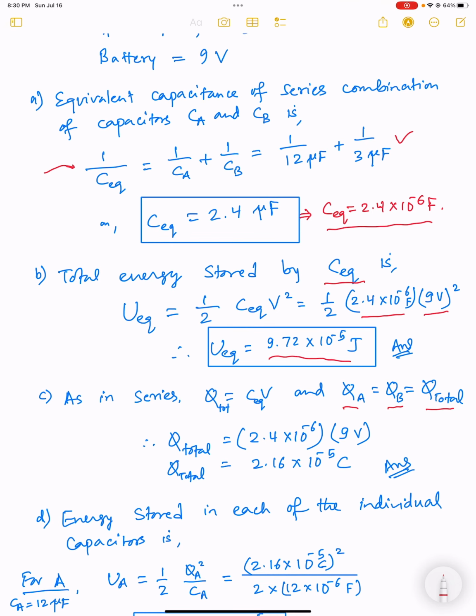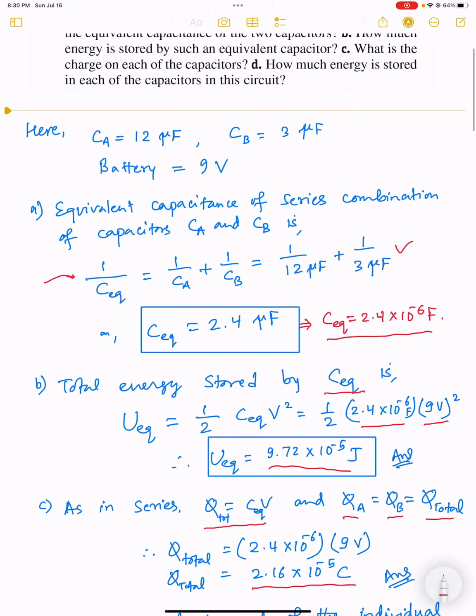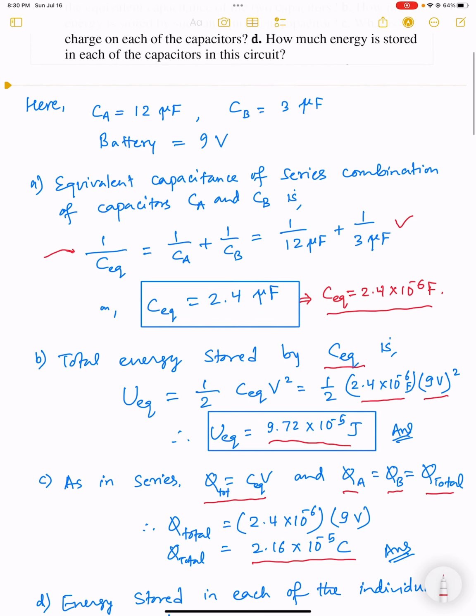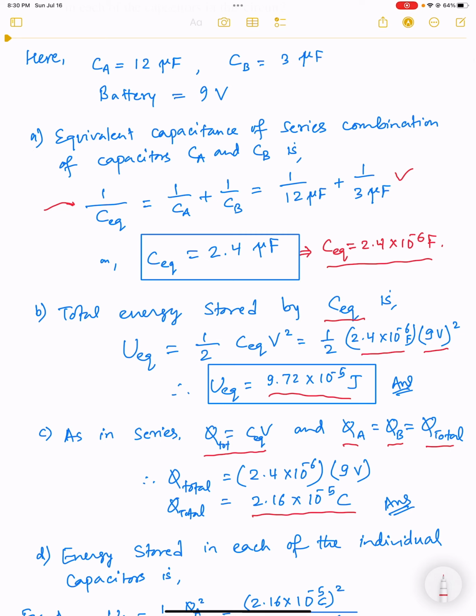So Q total equals C equivalent times V. So this will be 2.16 times 10 to the power minus 5 coulomb. This will be the total charge on each of the capacitors, which will be equal. So this will be the same for QA, and also the same for QB.